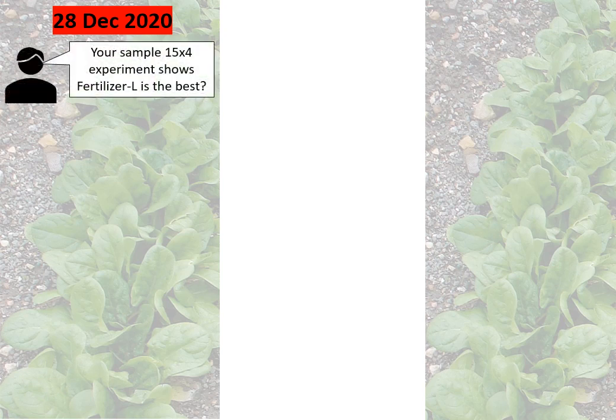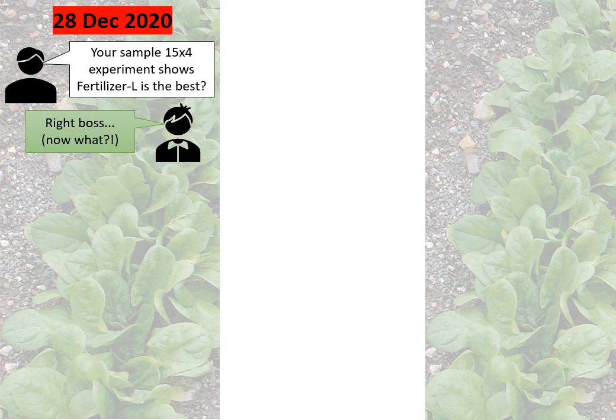Remember the WhatsApp between the boss and the staff happens again, and the date is 28th of December 2020. Boss: Hey, your sample 15 times 4 experiment shows fertilizer L is the best one? Staff: Right, boss.